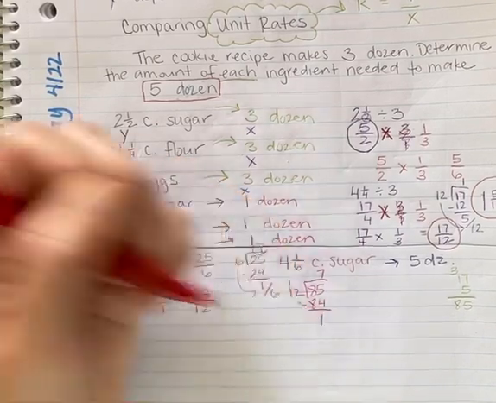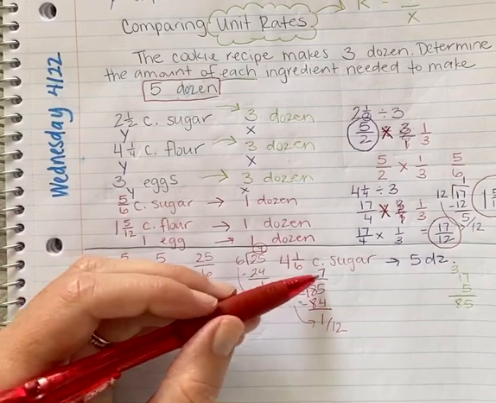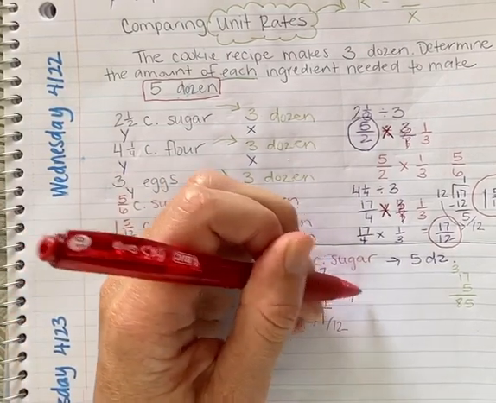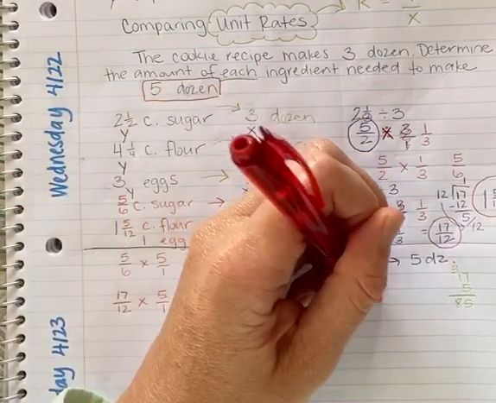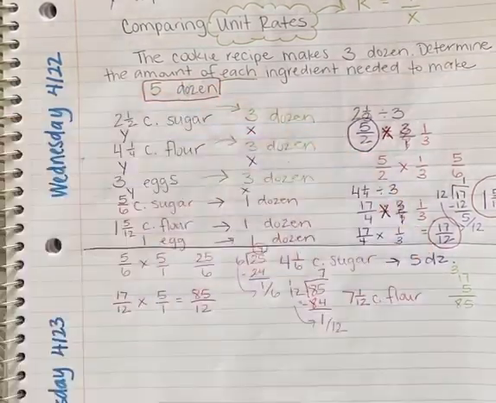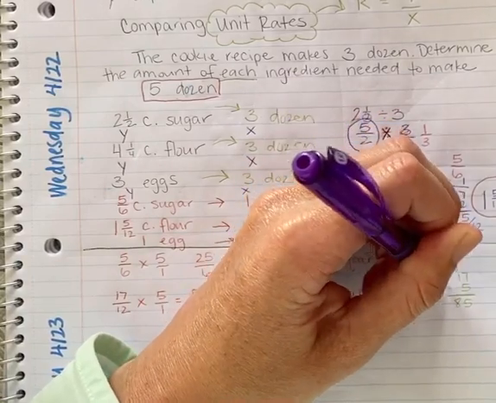Okay, with a remainder of 1. So 7 and 1/12, and that would be cups of flour.